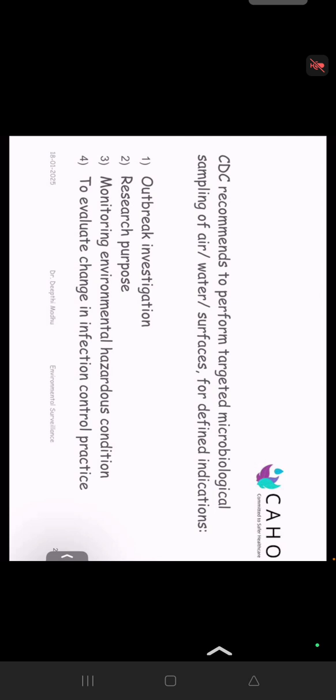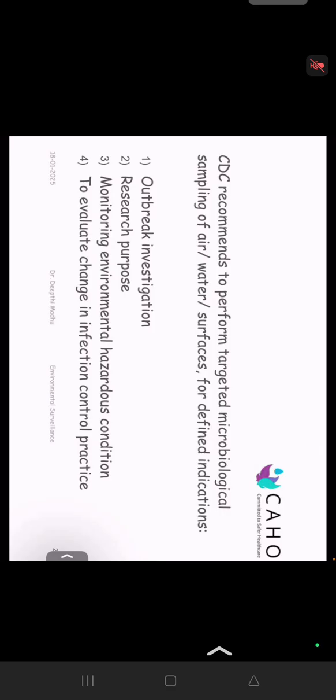It might be very tempting to send it to the in-house microbiology laboratory and keep the report, but remember that even if your lab is NABL accredited, it will be NABL accredited for medical testing. Whereas water surveillance is not a clinical sample, it is not a patient sample. So your laboratory, which is located inside the hospital, is not likely to be accredited for water sample reporting.